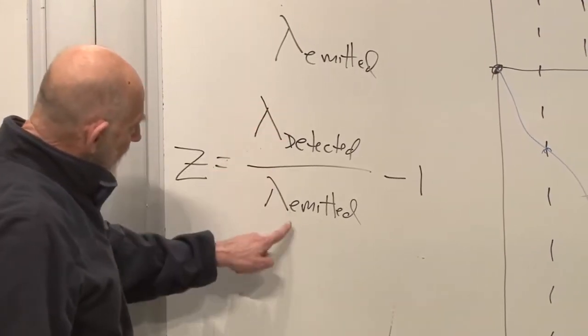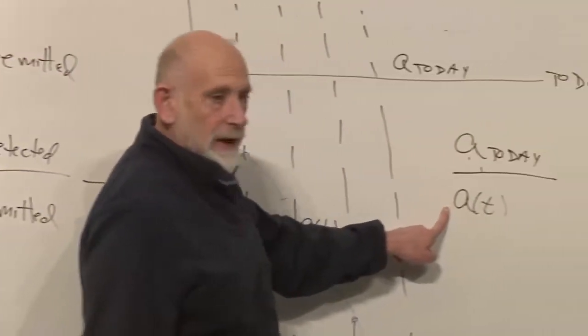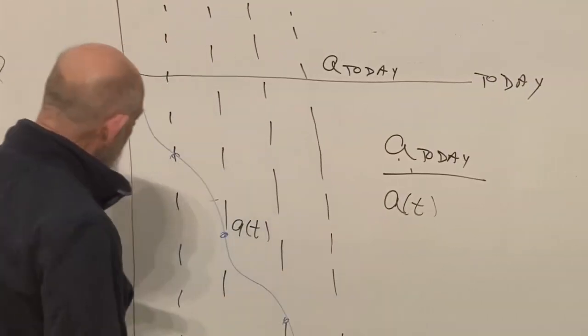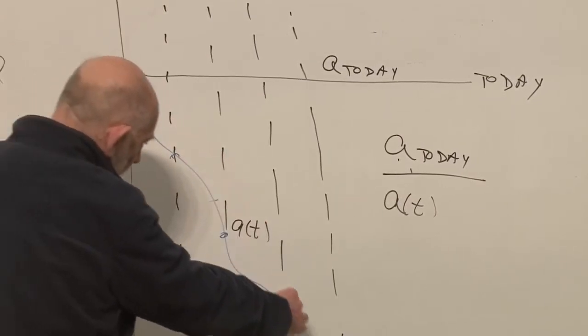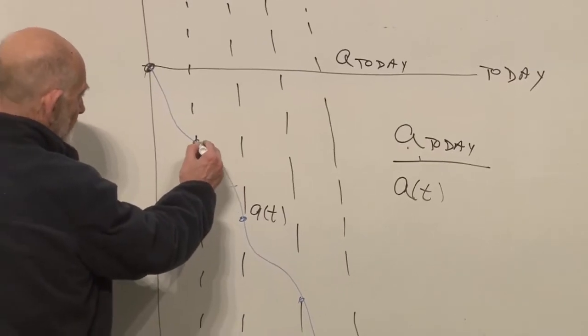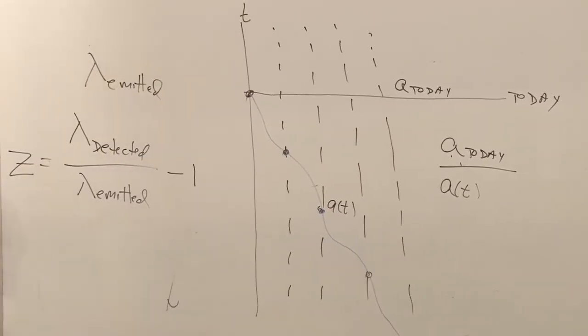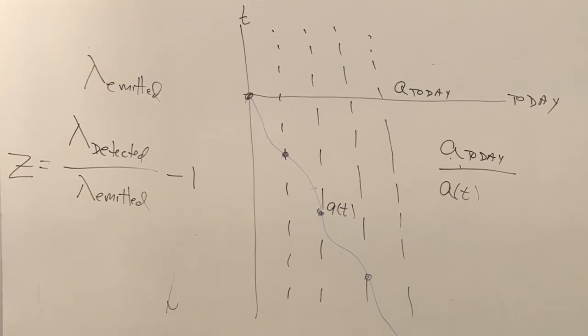Okay. And lambda detected over lambda emitted is just the ratio of A today over A of t. So we look back along a light ray. We see light emitted over here, over here, over here. And each emission has a different redshift factor.